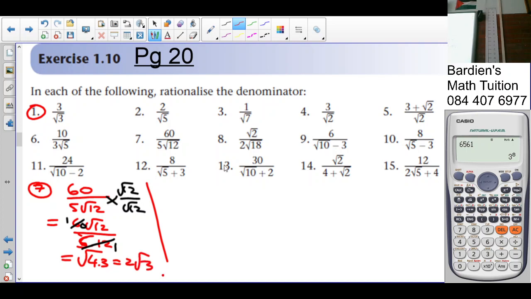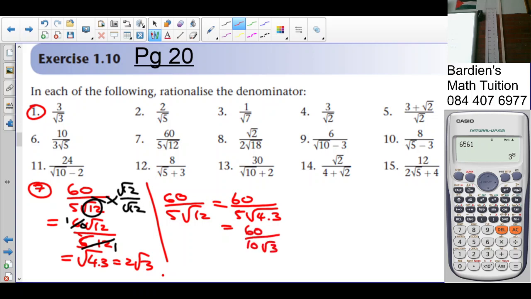Or I could have reduced that as 60 over 5, 12 can be written as 4 times 3. The root of 4 is 2, and 2 times 5 is 10. So it's 60 over 10 root 3. 10 going into 60, 6 times.